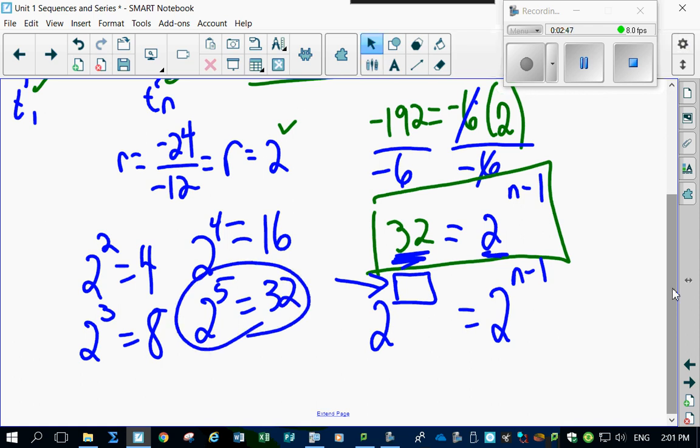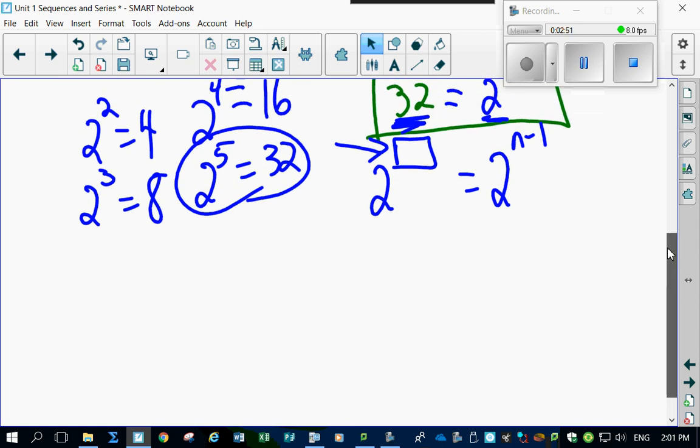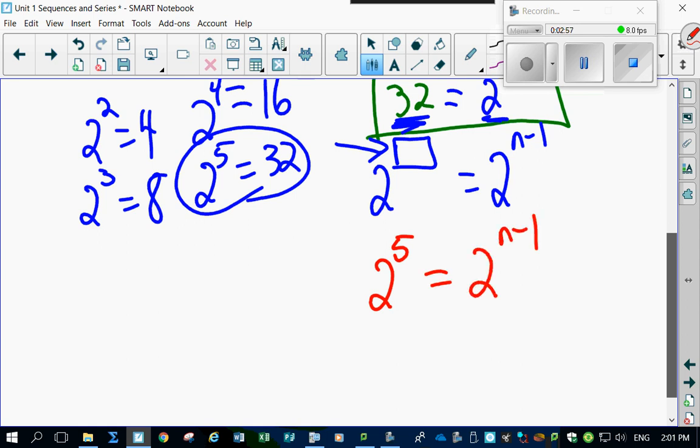So here, I'm going to teach you a little bit of something that's really, really cool. Watch this. This becomes 2 to the power of 5 equals 2 to the power of n minus 1. Now, if you remember in the rational expressions unit, things on opposite sides of the equal sign can always cancel.